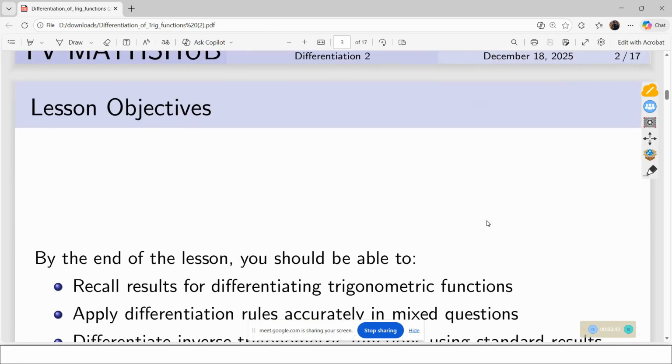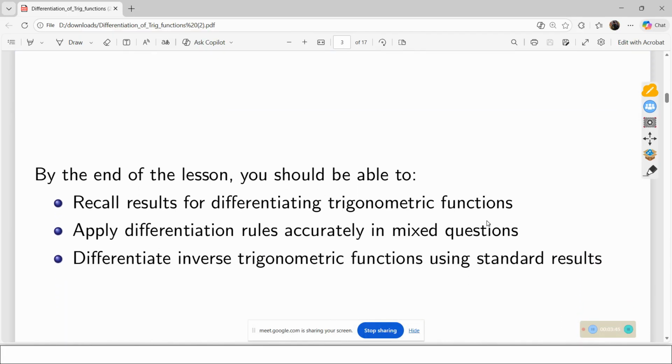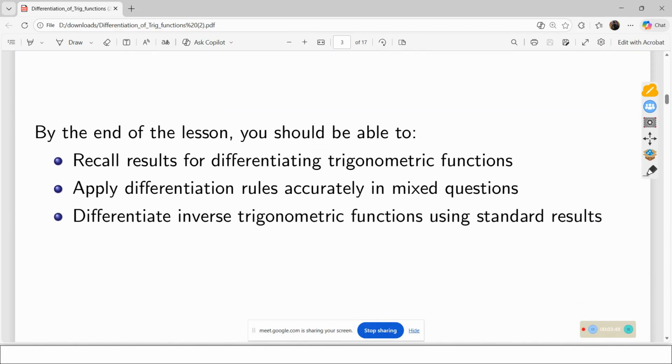Our objectives for this lesson are for you to recall some results for differentiating trig functions, and to apply differentiation rules in different questions. By the end of this lesson you should as well be in position to differentiate inverse trig functions.